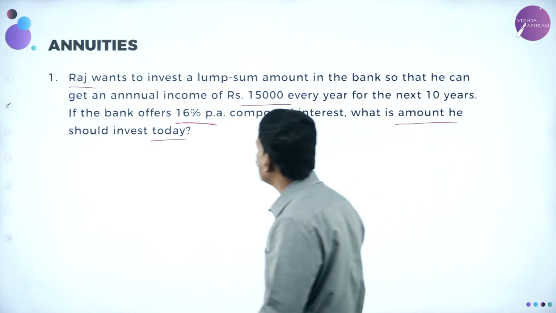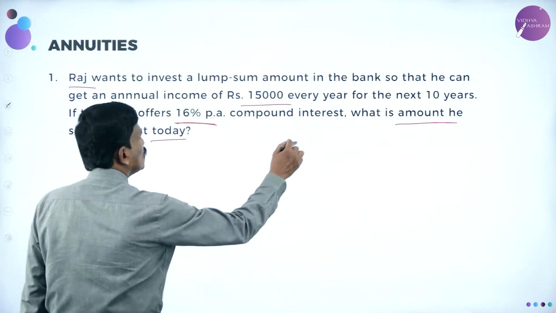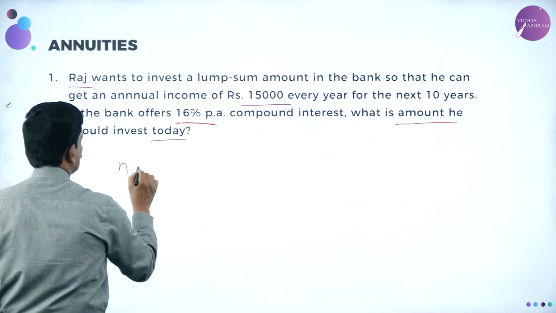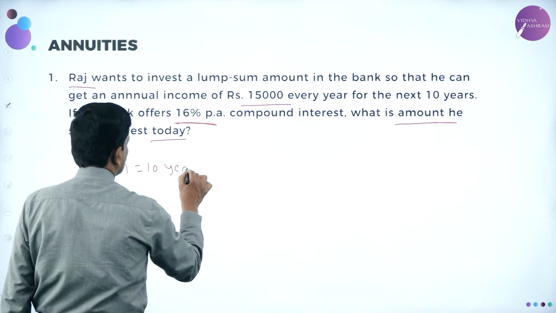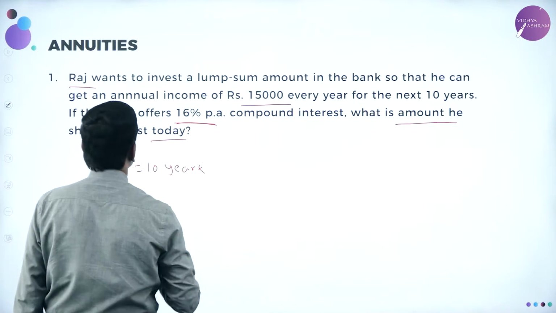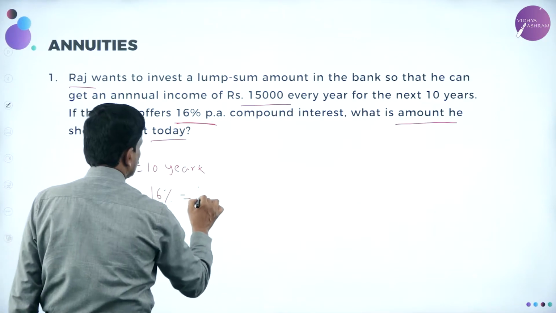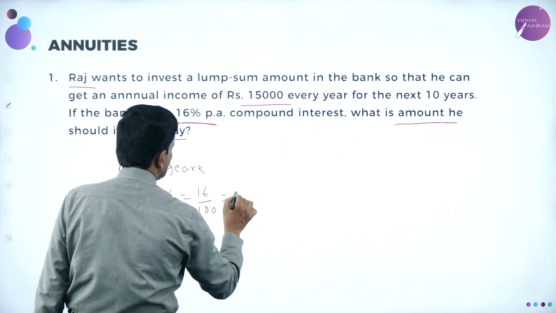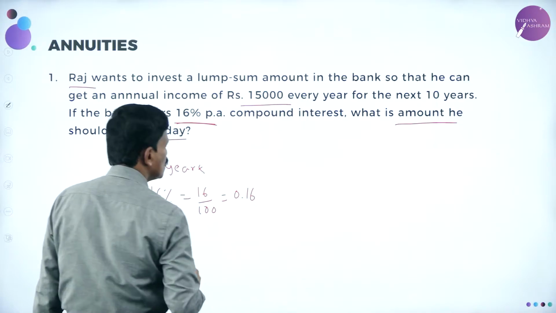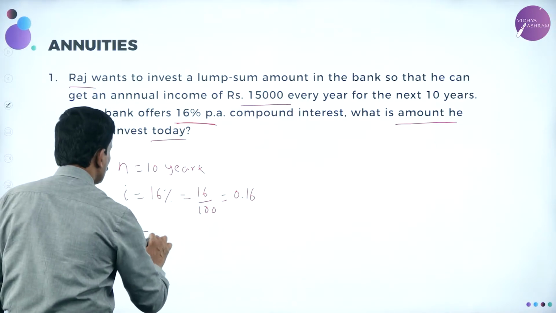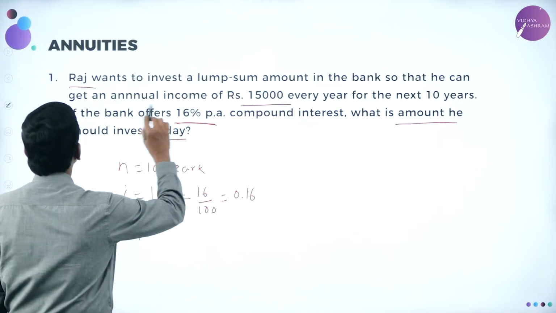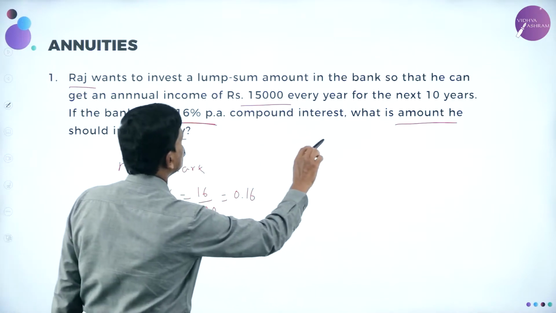Now what is given here? So here, what is the time period? N is equal to 10 years. And what is the rate of interest? I is equal to 16%, means 16 divided by 100. This is 0.16. Then what is the amount here? So what is the amount he is going to invest?